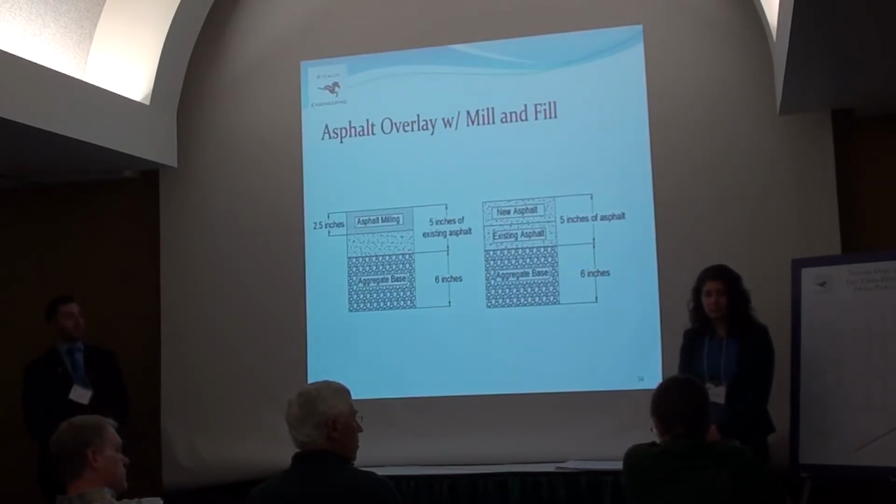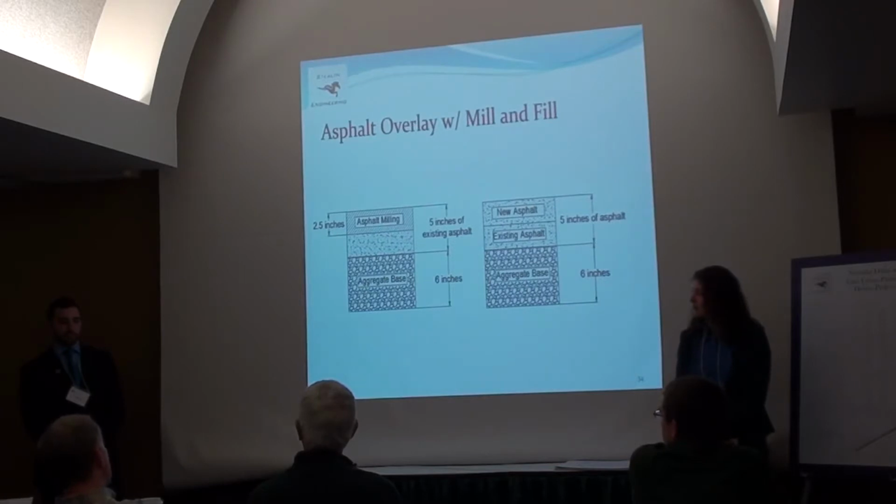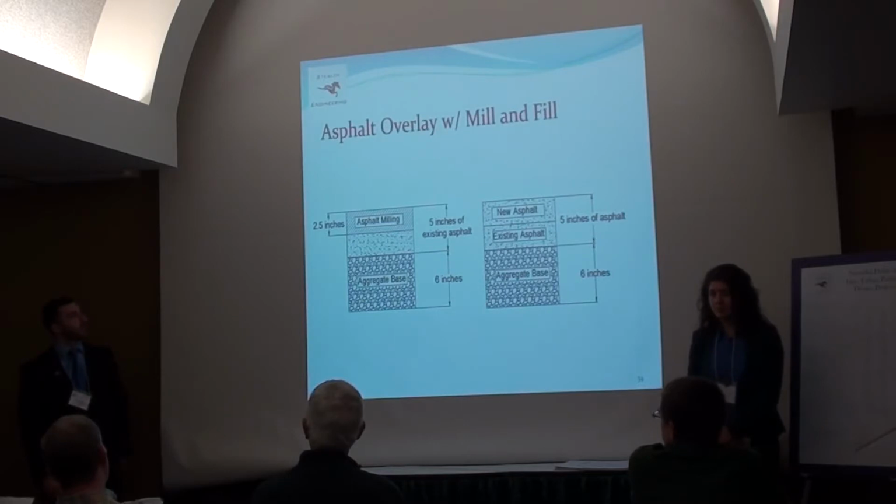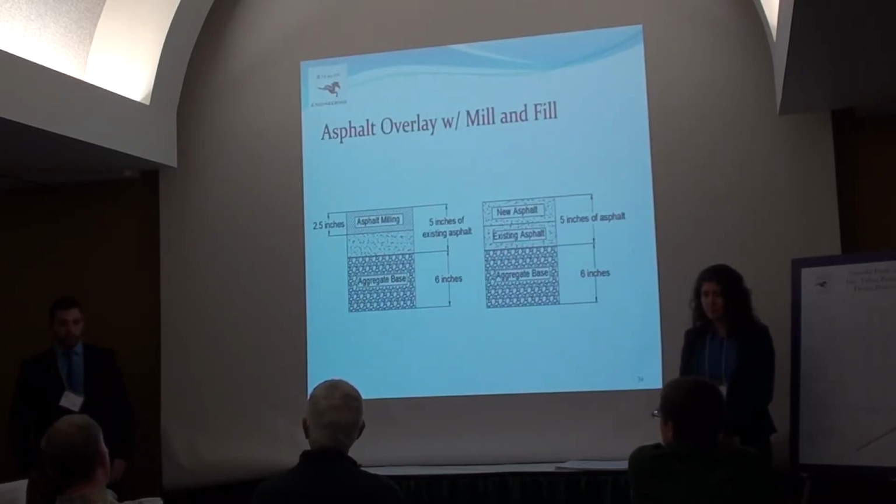You didn't say anything about the hot mix asphalt for your overlay or mill and fill. What PG grade are you using? The PG grade is a 58-28. This is determined by the LTPPBind program. The 58 is the average 7-day pavement temperature, and negative 28 degrees Celsius is the low temperature for the pavement.